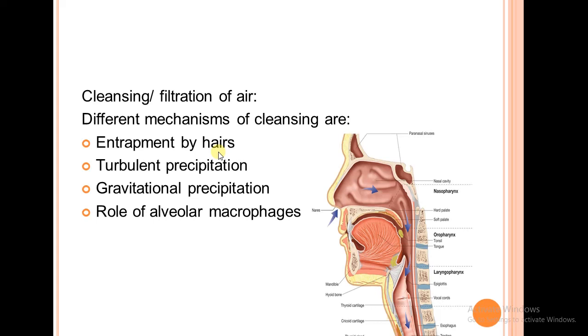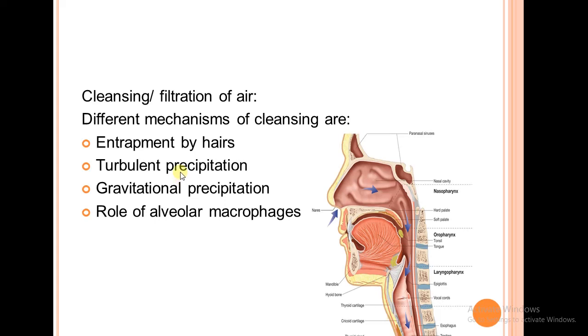The smaller particles cannot be entrapped by the hairs in the nostrils, so for their removal we have the other mechanisms: turbulent precipitation, gravitational precipitation, and alveolar macrophages to remove very small particles from the inhaled air.